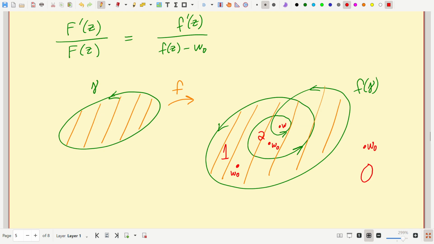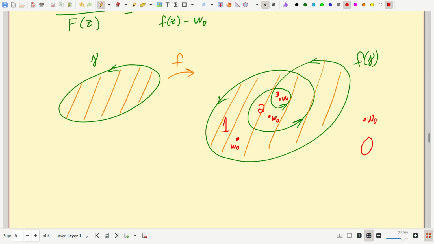So if I stick a w naught in there, it gets hit 3 times. And so you think of that sheet of rubber as getting smeared around. In the place where it gets hit once, it gets smeared exactly once. The double spot would be smeared twice around, and 3 times would be 3 times around. And outside, nothing gets hit. That's kind of interesting.